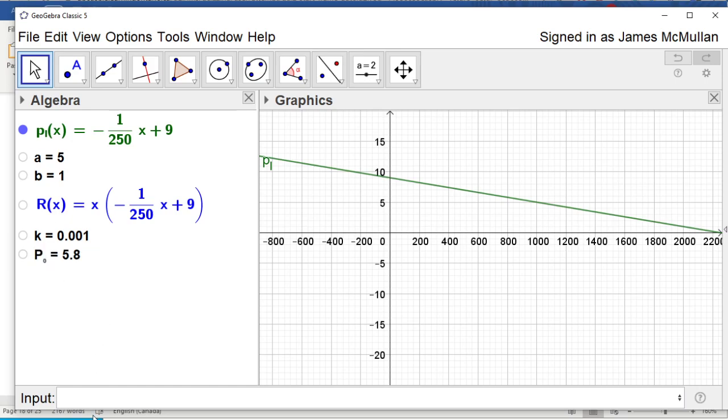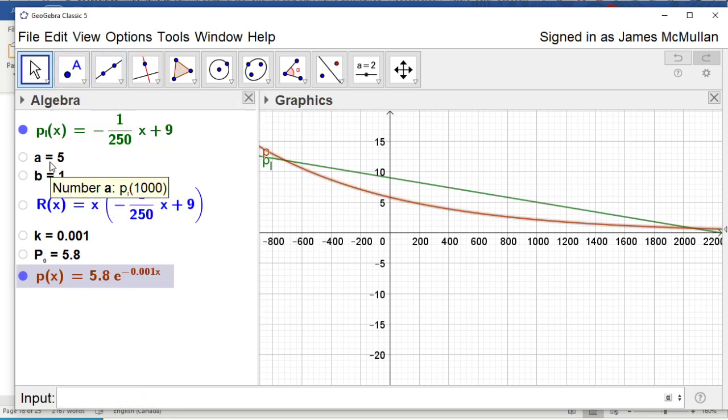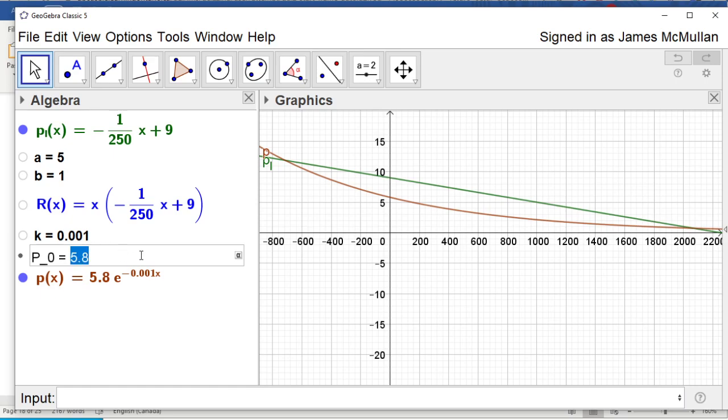And then we'll call this new one the new demand function. So it's P0 e to the power of negative kx. Okay, and there you go. And I'm just going to quickly change P0 back to 9.